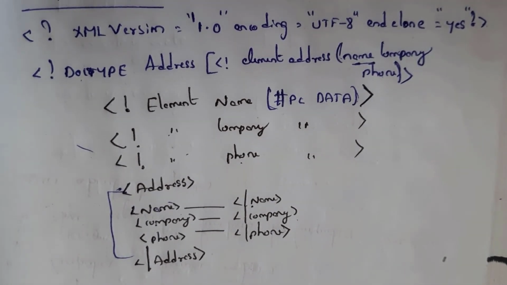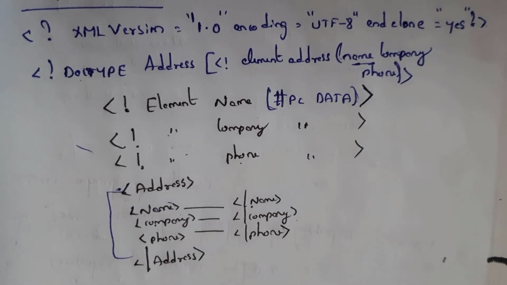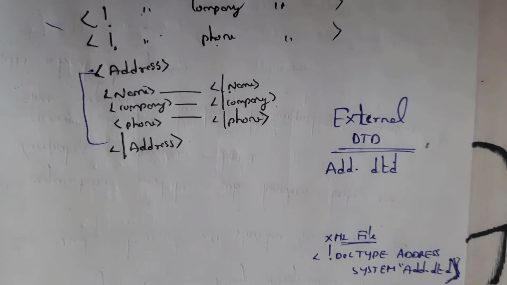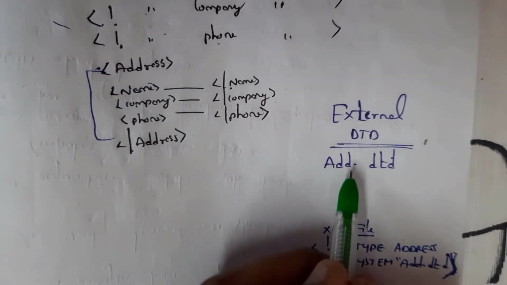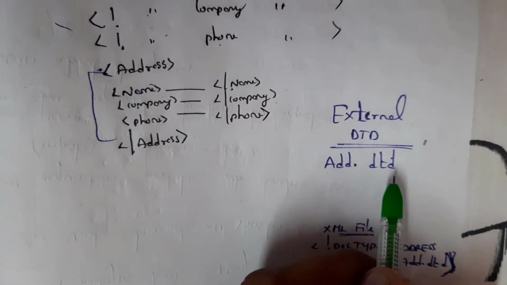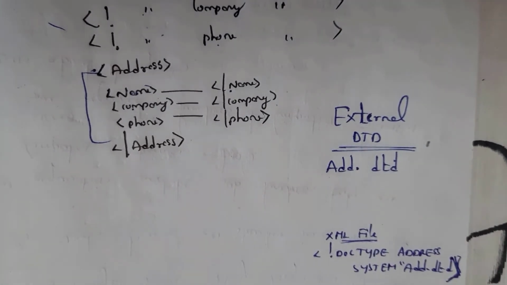See, almost internal data type definition and external data type definition examples are same. See, external data type definition contains add.dtd, data type definition.